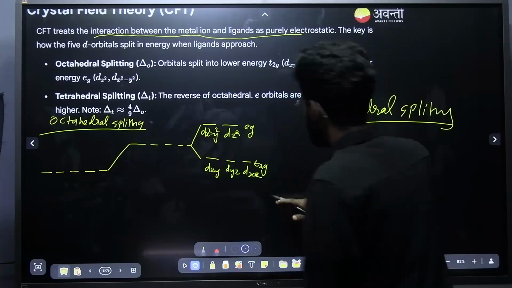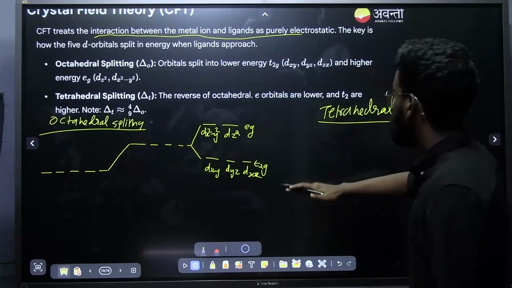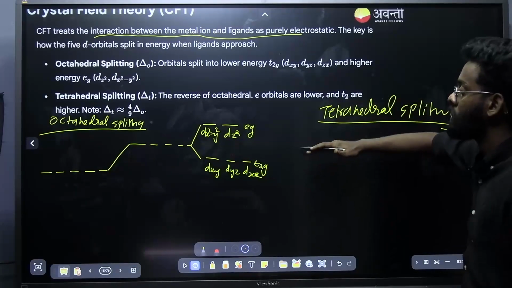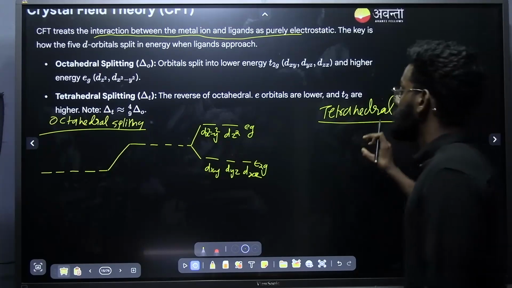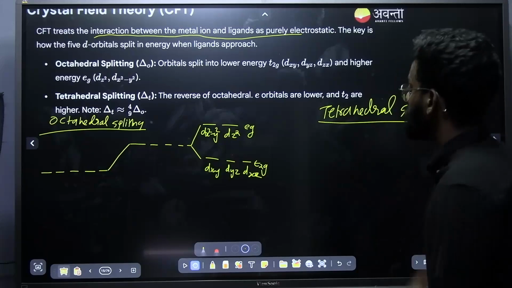Tetrahedral is also the same thing. Initially they will be at lower energy, then when the ligand approaches, all of the d orbitals will be raised in energy all at once, then they start splitting when the ligand approaches a little closer.